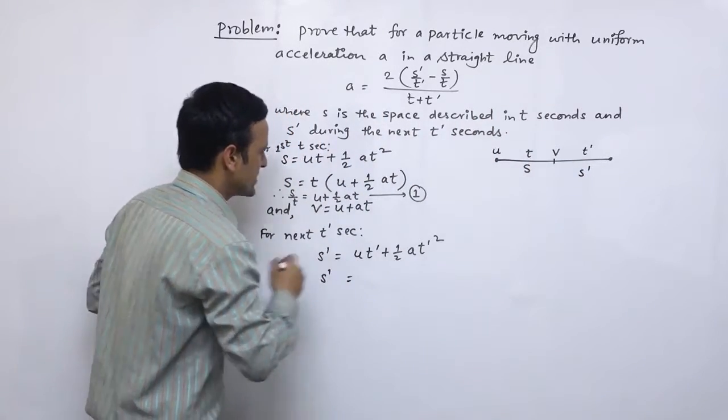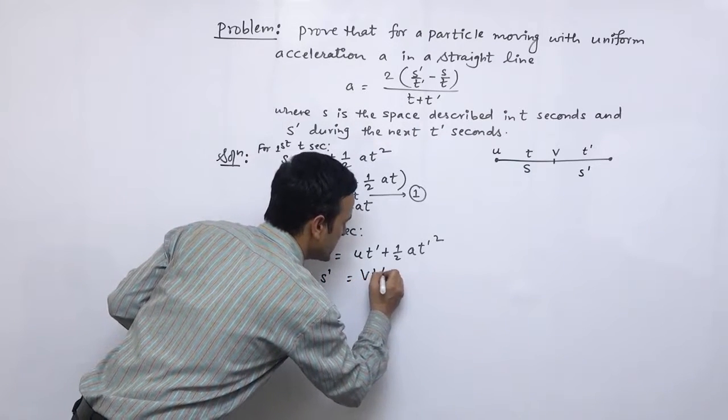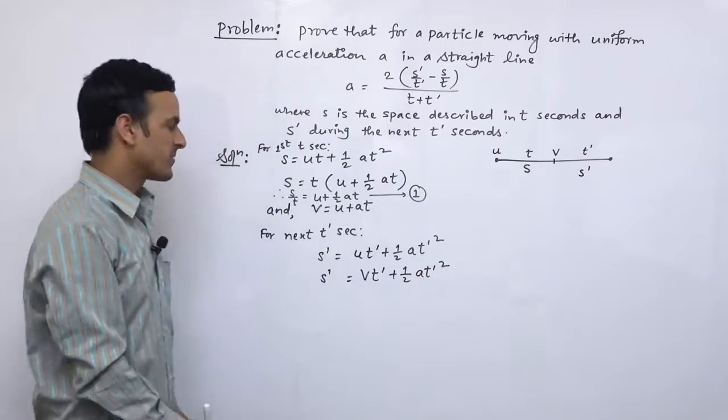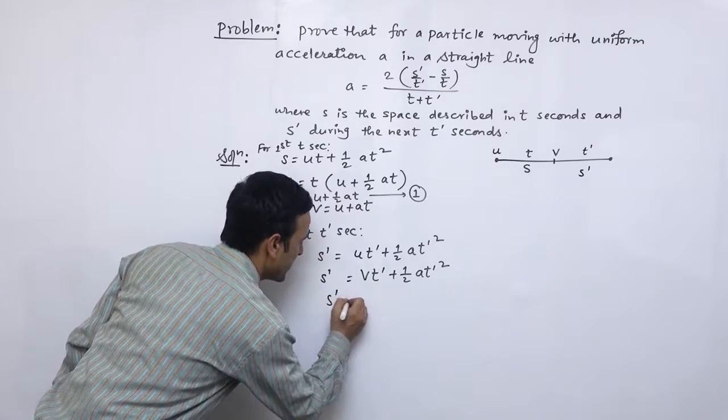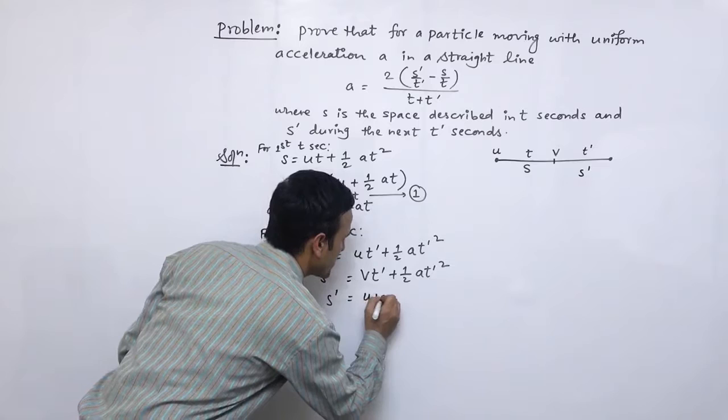That's why this u means here v. So we can write v t dash plus 1 upon 2 a t dash square. And now here s dash is equal to, the v means what? u plus at.